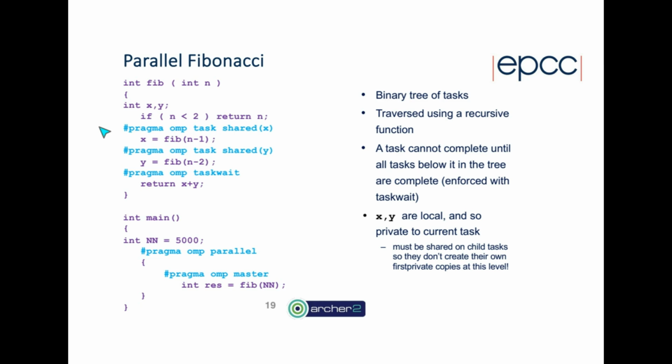So again, this gets even harder to reason about. So think carefully what's going on here. Okay, so what we can do is put each of these recursive calls inside a task construct.